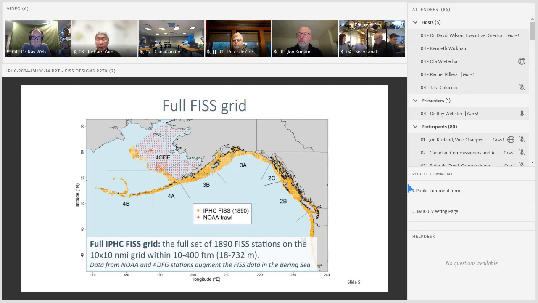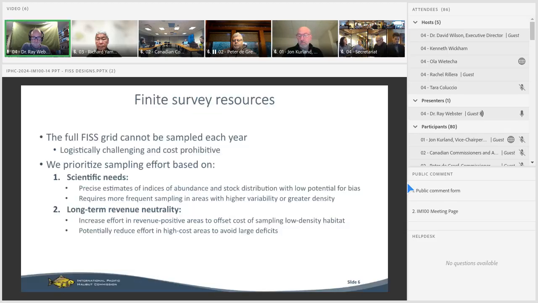Our stations do not go to 10 fathoms in the Bering Sea because of the large size of the shallow waters there, so we augment the data from the FIS grid with data from NMFS, in particular the NOAA Troll Survey in the Bering Sea, which is an annual survey as well. We also, in most years, get data from the Alaska Department of Fish and Game Troll Survey in Northern Sound.